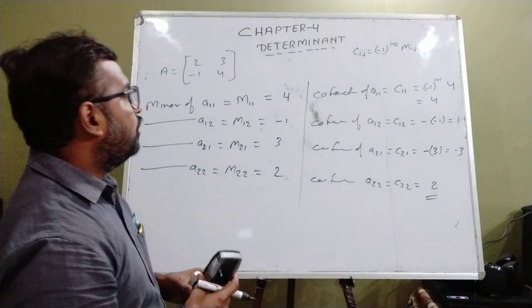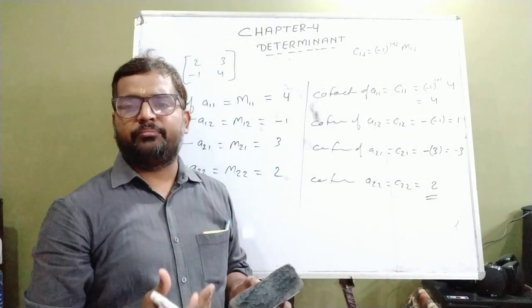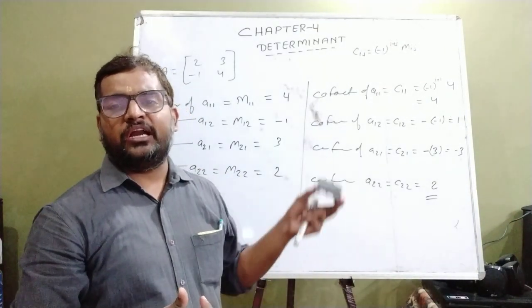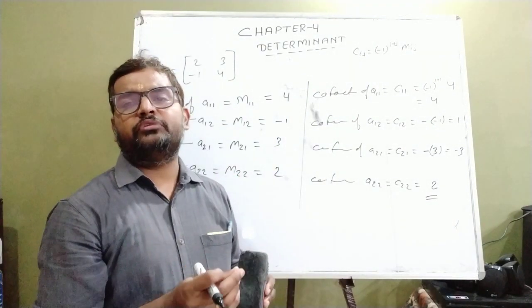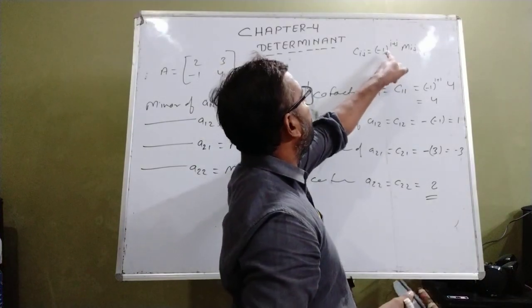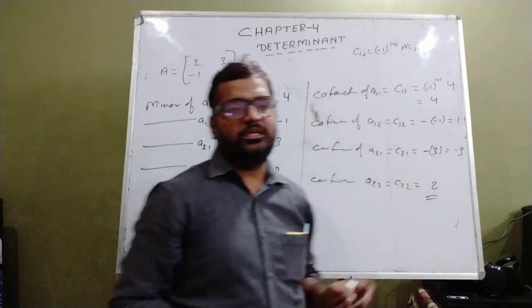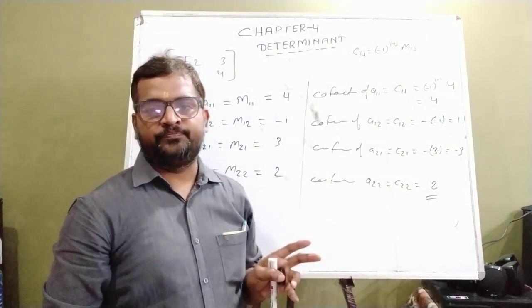How can we calculate Mij? Delete the ith row and jth column, and the determinant of the submatrix gives you the minor. If we write the minor along with the sign, which is given by minus 1 to the power i plus j, this gives you the value of the cofactor. Clear?